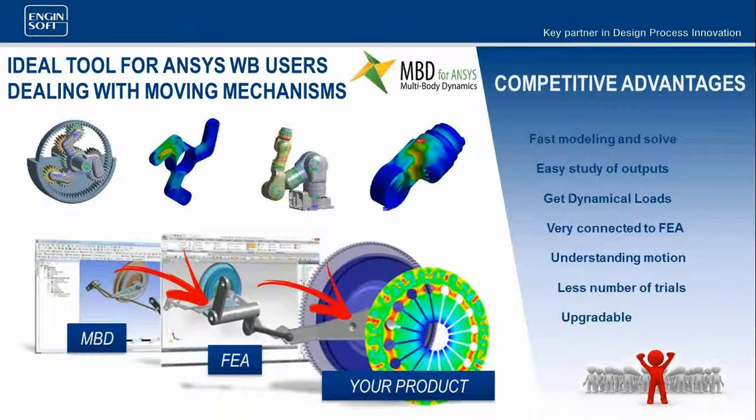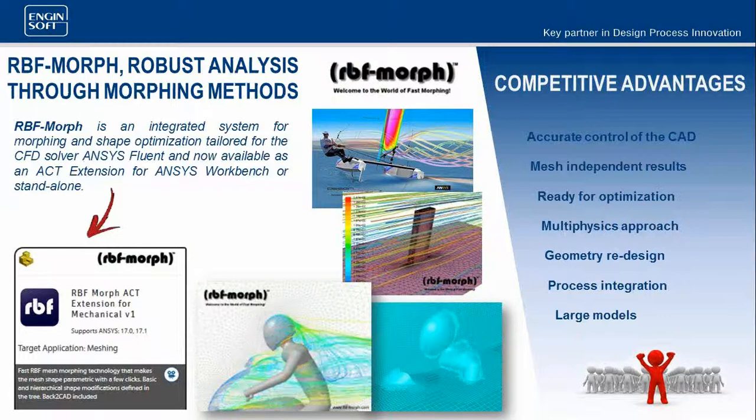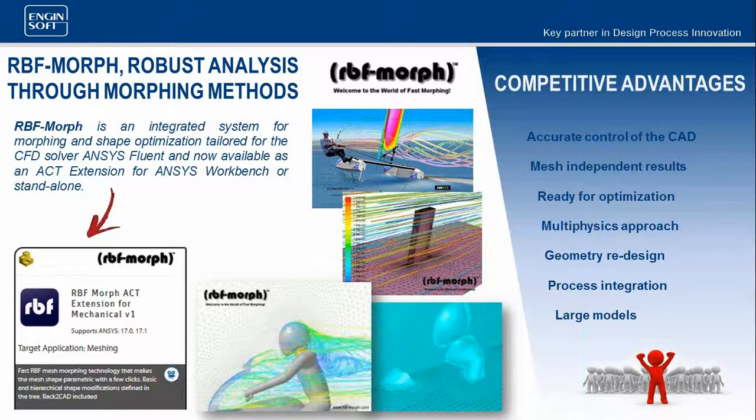In this case, for MBD for ANSYS, it's possible to evaluate the kinematic behavior exploiting the Recurdyn solver. With RBF Morph, for example, it's possible to make robust analysis through morphing methods, and this is an integrated system for morphing that can be used inside Mechanical, but also inside Fluent and CFX, and it's possible to modify the shape of the mesh, the position of the mesh during the simulation.